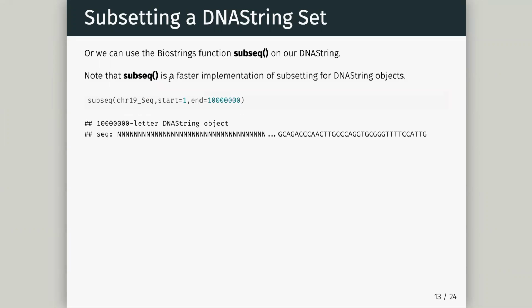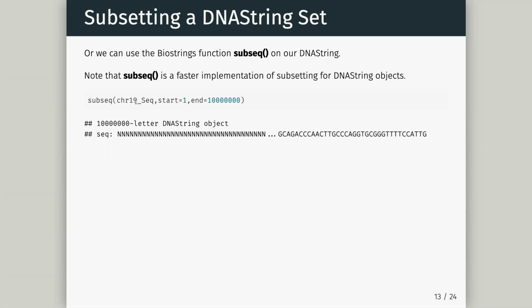As I said, DNAString is a special type of object written to be faster than standard character vectors. So if you want to do this very efficiently with low memory, you should use the function subseq. Subseq is a much faster implementation of subsetting for DNAString objects.